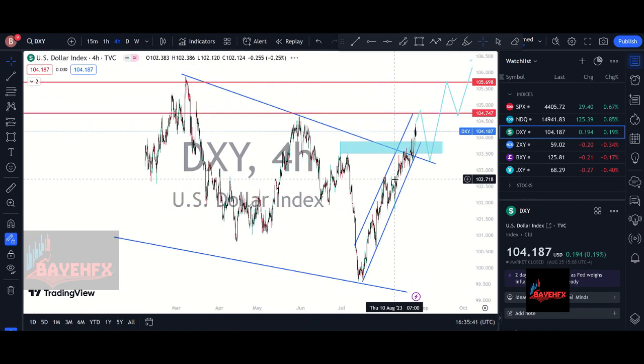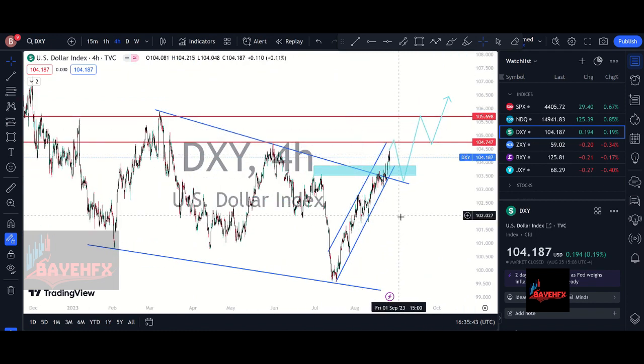Something of that nature. So it's kind of a weekly push, but we are open for a nice correction after this bullish push to the upside.